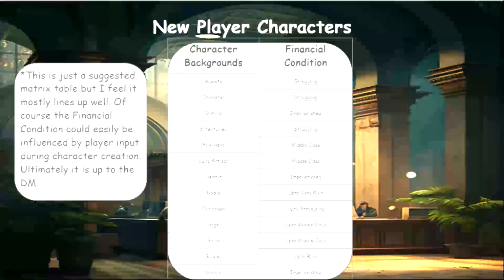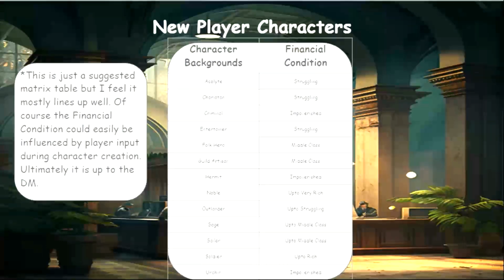Ultimately, it's going to be up to the DM and the player to talk about the player's background, the backstory for that particular player. So this is the table I came up with for character background against starting financial conditions.